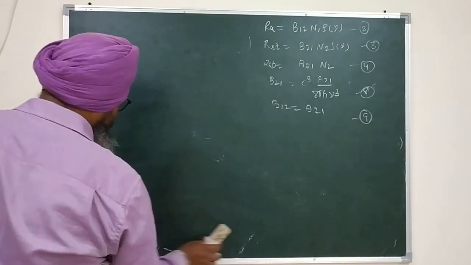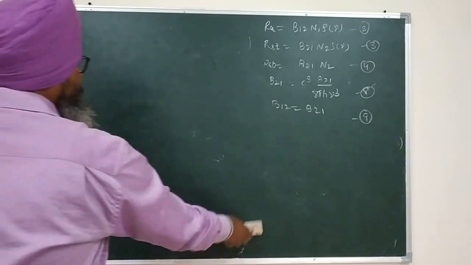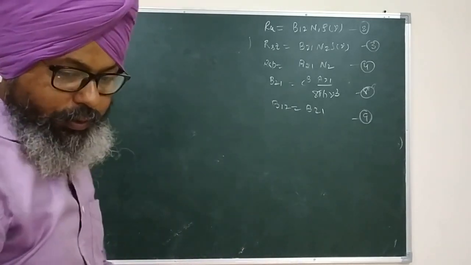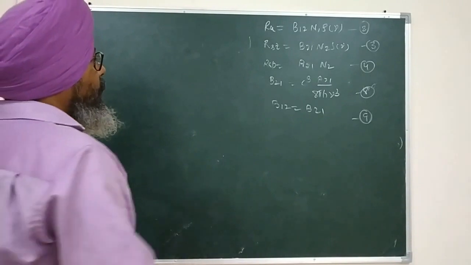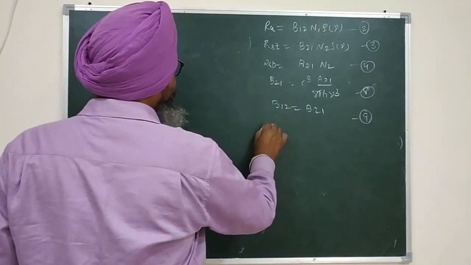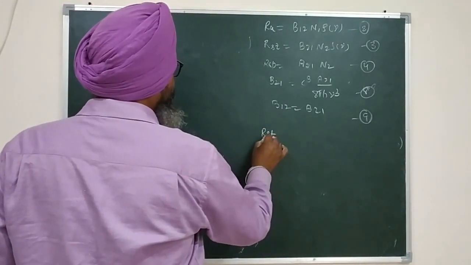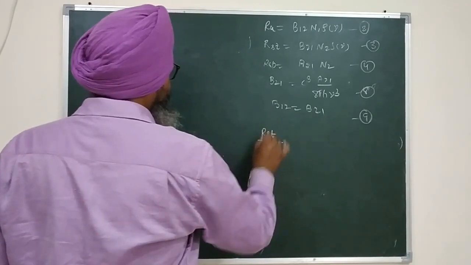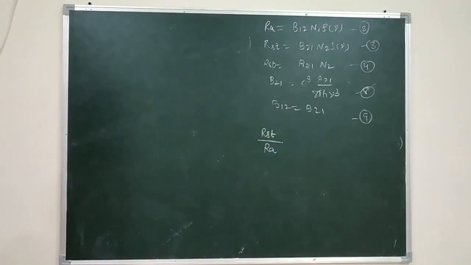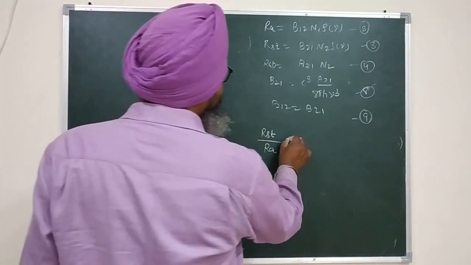Now we can divide equation number 3, RST, with equation number 2, RA. So for good stimulated emission we must have this ratio again much greater than 1.